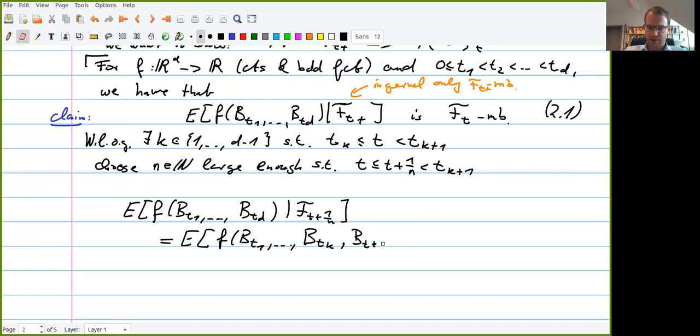This means I add here the Brownian motion at time t plus 1 over n, and then I need to subtract it as well. I need to do this up to my terminal time. So I make the same trick from t_k up to t_d.